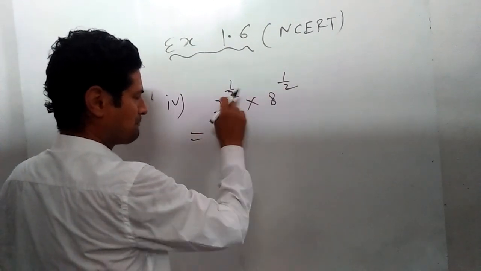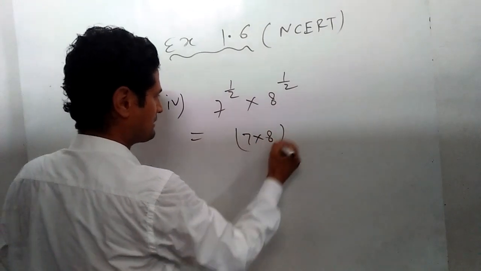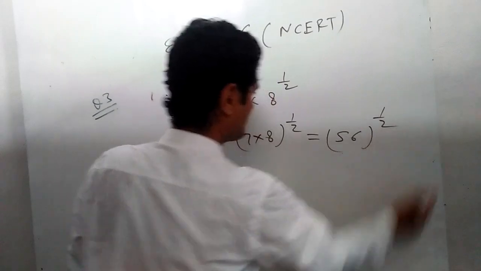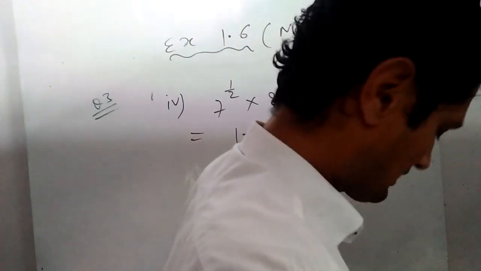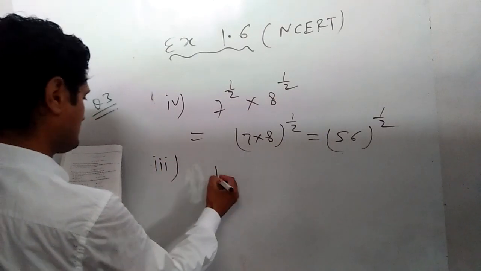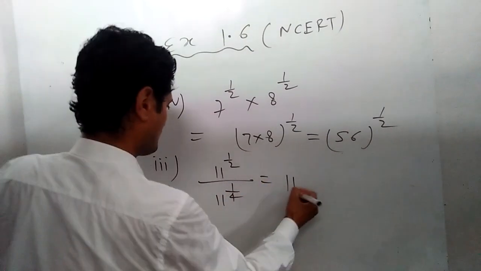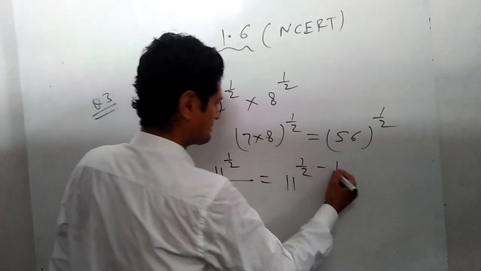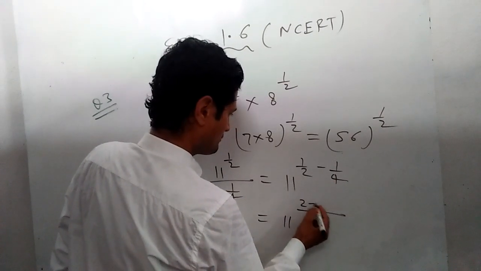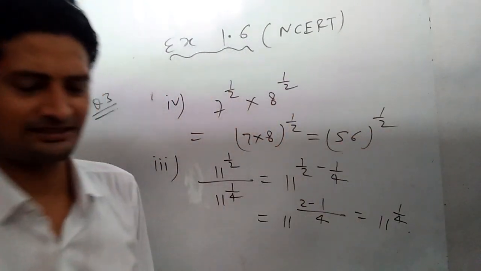The power is the same, it means we have to multiply the bases: 7 into 8 to the power 1 by 2, and we can write it as 56 to the power 1 by 2. Another type of question, third part: 11 to the power 1 by 2 upon 11 to the power 1 by 4. Subtract it, 1 by 2 minus 1 by 4. We can write it as 2 minus 1 over 4, equal to 11 to the power 1 by 4. That's it.